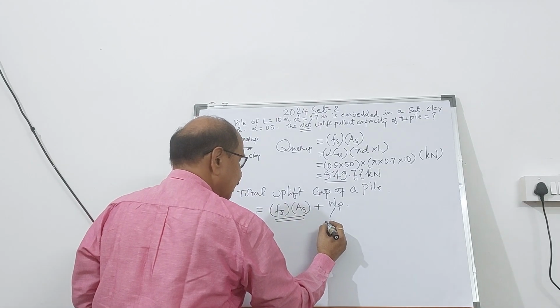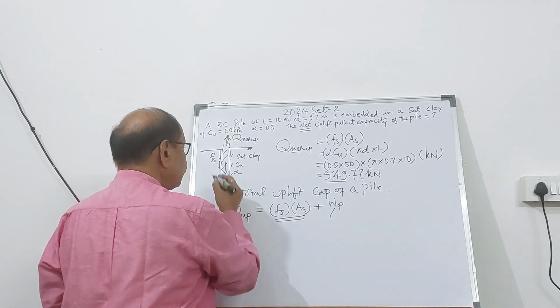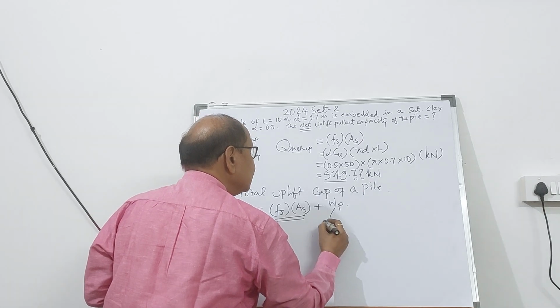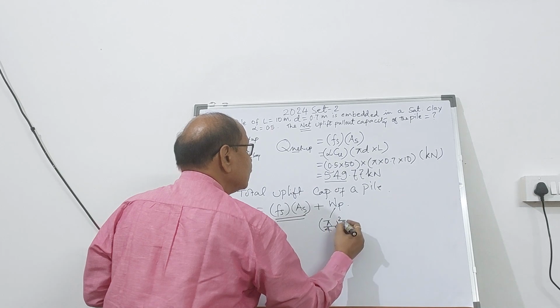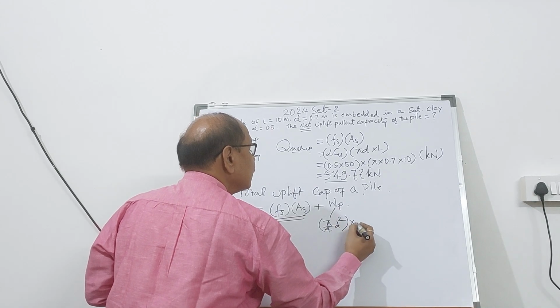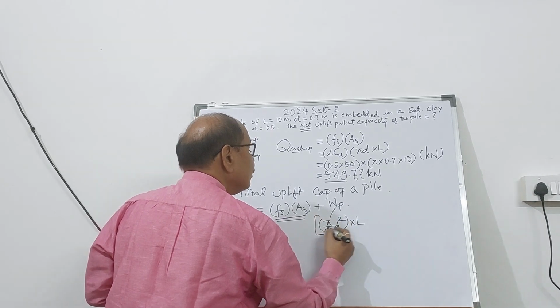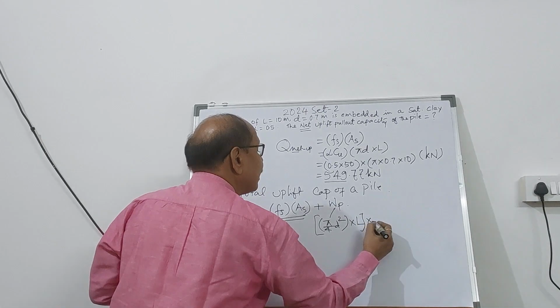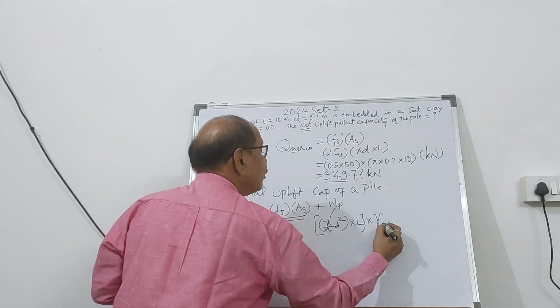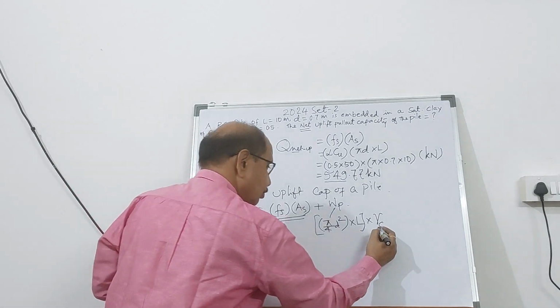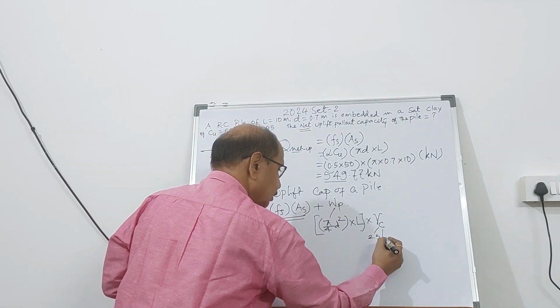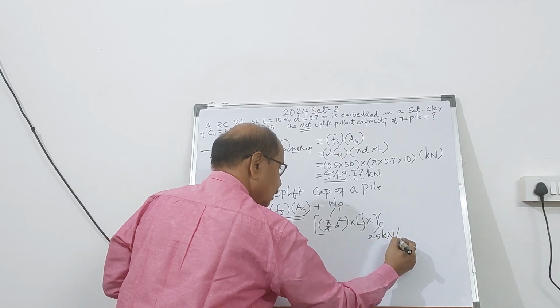For the volume, you find the cross-sectional area, so pi by 4 d square into L will give you the volume of the pile, multiplied by the unit weight of RC concrete, which is going to be 25 kilonewton per cubic meter.